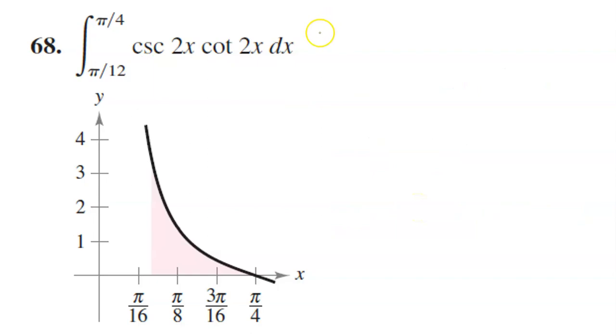Let's do our u-substitution. Probably best to let our u be the stuff that is inside of these trig functions. So let's let u equal 2x. In that case, u prime will simply be 2. When you do the substitution, do not write down the limits of integration, because we're going to use the method where we switch everything back to x's later.